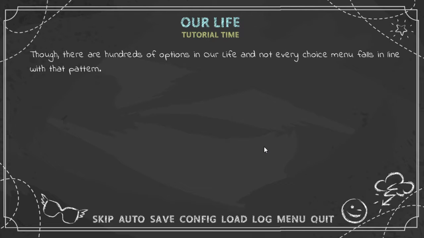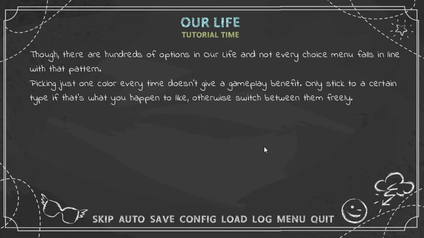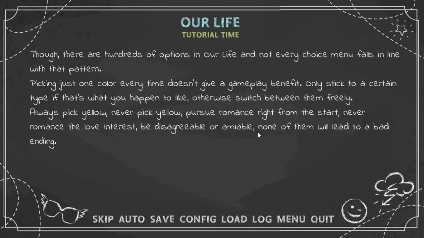Though there are hundreds of options in our lives, and not every choice menu falls in line with that pattern. Picking just one color every time doesn't give a gameplay benefit. Only stick to a certain type if that's what you happen to like. Otherwise, switch between them freely. Always pick yellow. Never pick yellow. Pursue romance.